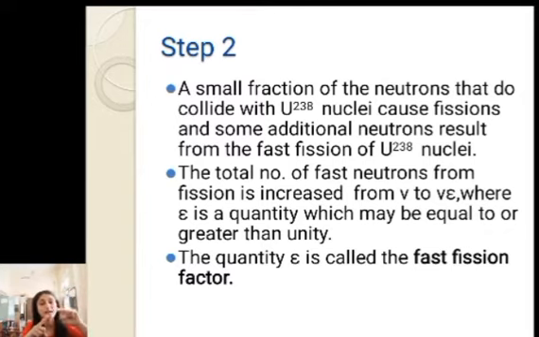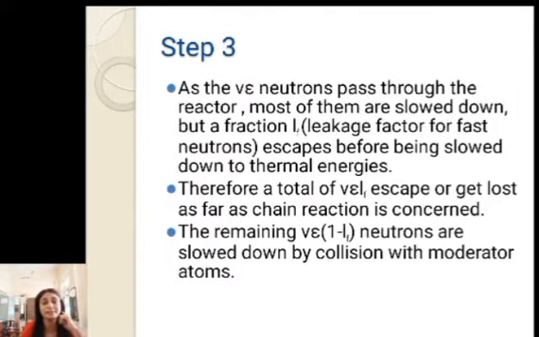Then uranium-238 underwent fission reaction, it also emitted fast neutrons. So now the total number of fast neutrons from fission is increased from nu to nu epsilon, where epsilon is a quantity which may be equal to 1 or greater than unity, and this quantity epsilon is called the fast fission factor.